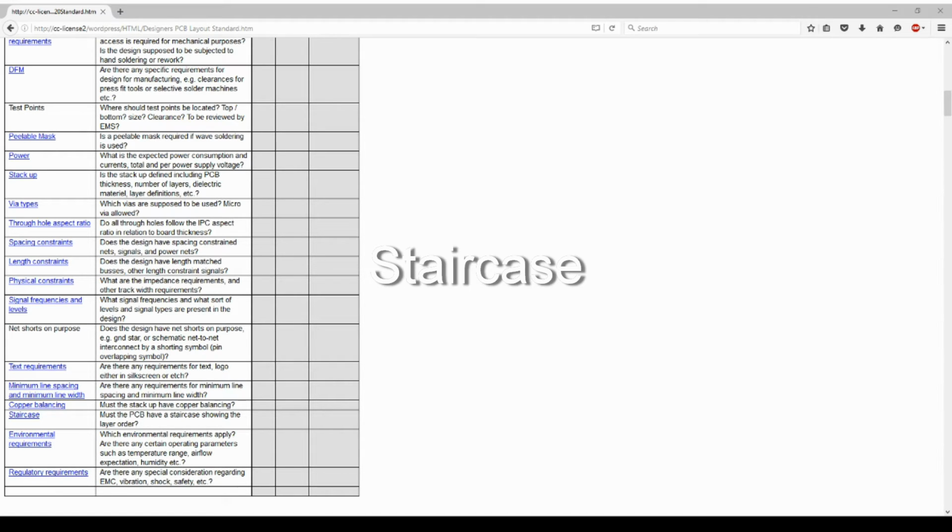Next one, environmental requirements. It's very important to know where the board is going to be used, because this is also going to determine a lot of the requirements. Some customers may not really know what the consequences of their design will be.